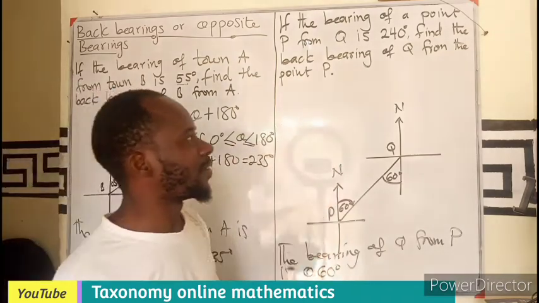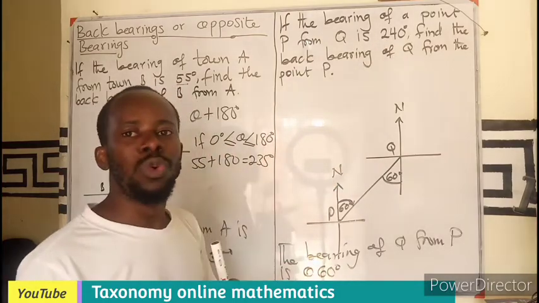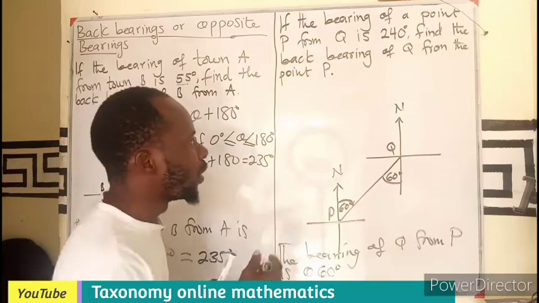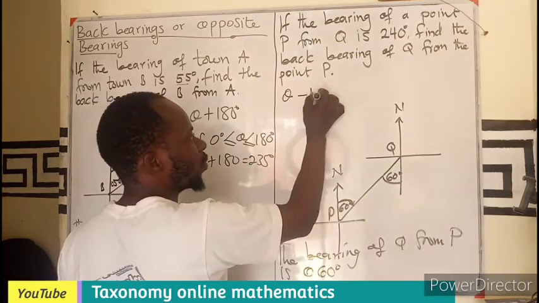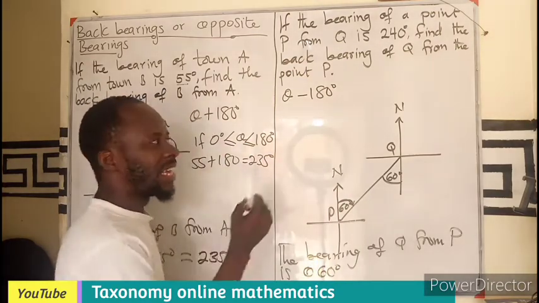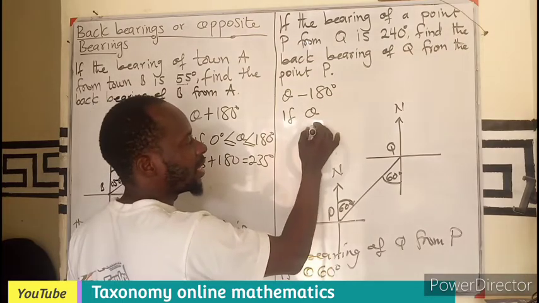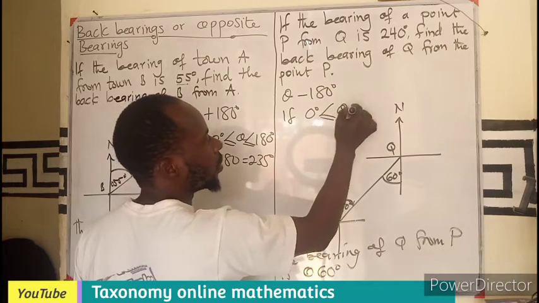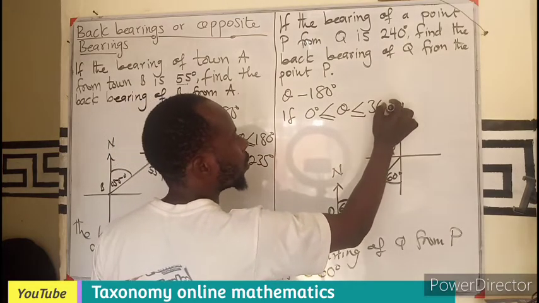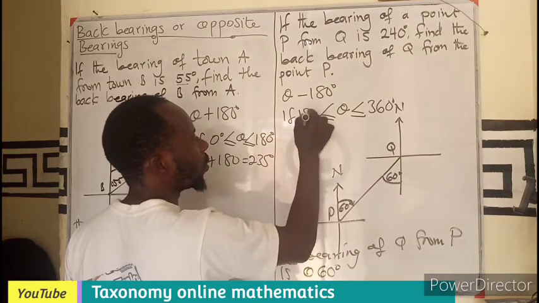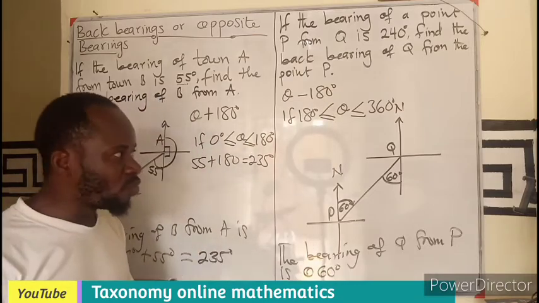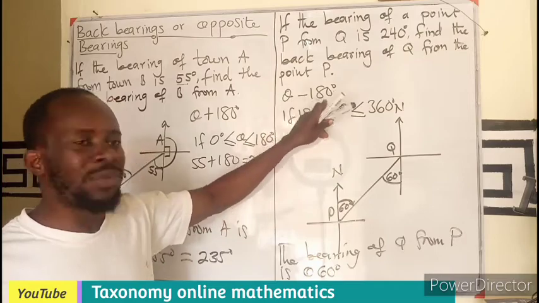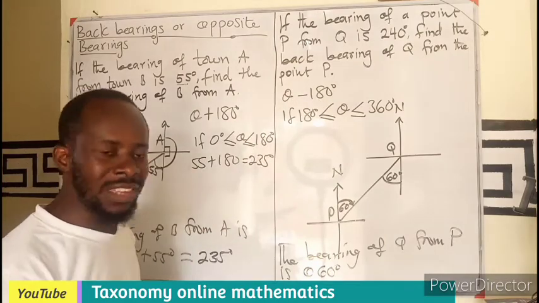Now in this case, if the theta given to you is bigger than 180, then what do we do? Then it's going to be theta minus 180. As in, if your theta is between 180 and 360, then just subtract 180 from your answer.